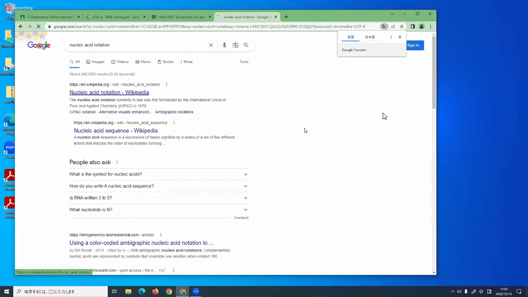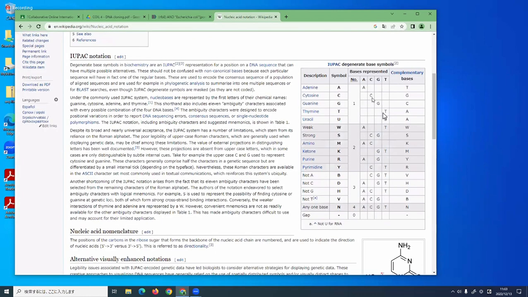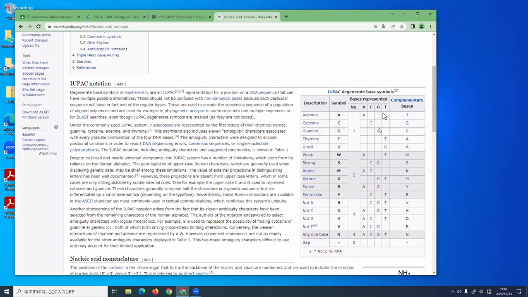So if you have to design a primer that uses, at a specific location, either C or G, you can replace that with an S, right? So if you have A and T, you can use W, right? Use W. And this is for the basic ones, the ATCG is for a single option.